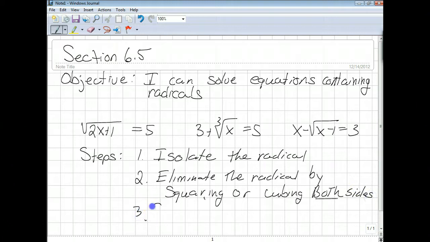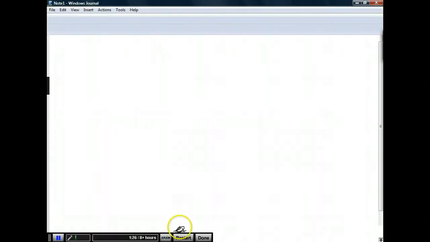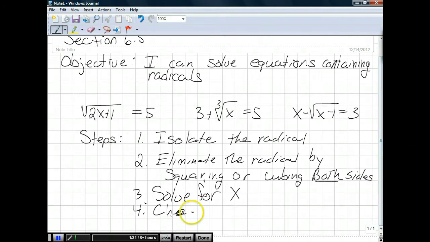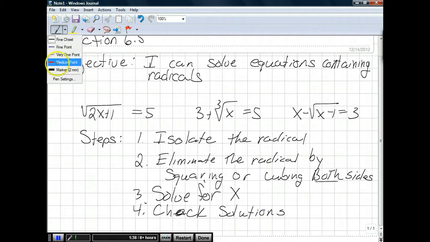Number three, solve for x. And number four, check solutions. Okay, so in these equations you always have to check your solutions.